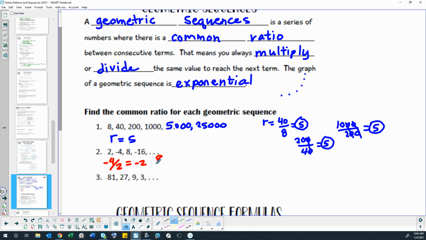What's 8 divided by negative 4? Negative 2. What's negative 16 divided by positive 8? Negative 2. What's our common ratio? Negative 2.